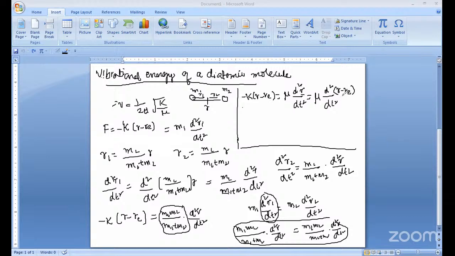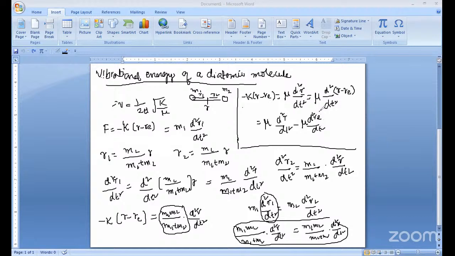It can vibrate from the original position to some other position and come back again. So we can write d square by dt square into R minus RE, which gives mu into d square R by dt square minus mu into d square RE by dt square.